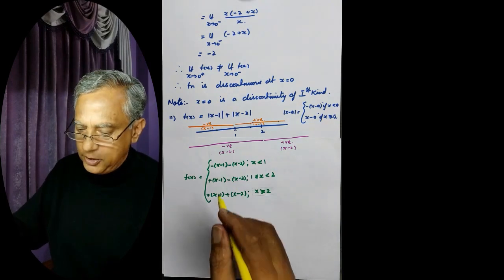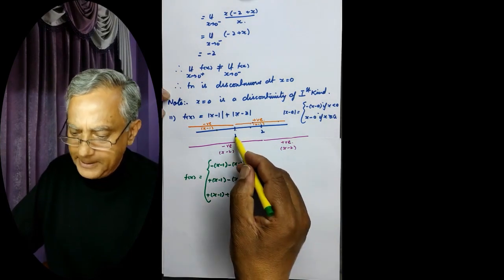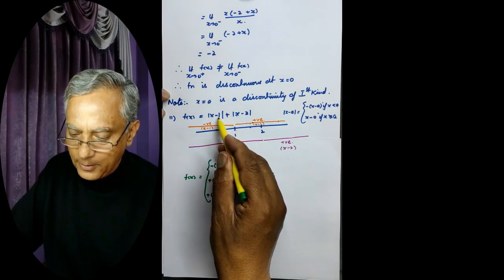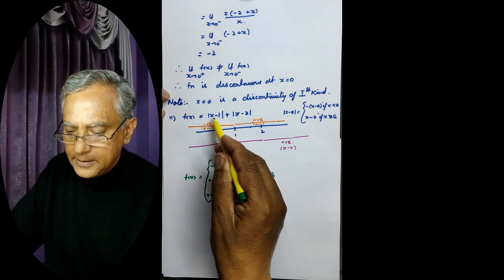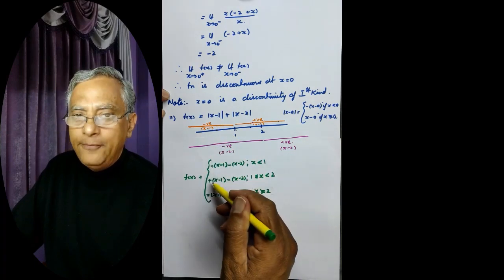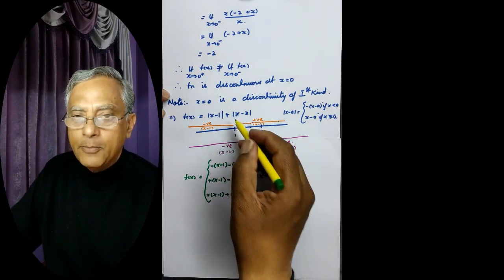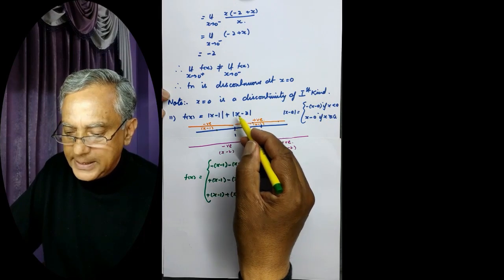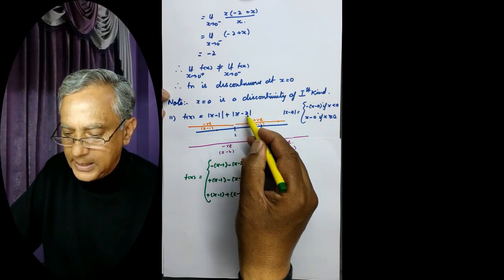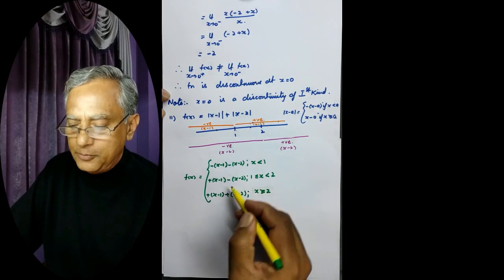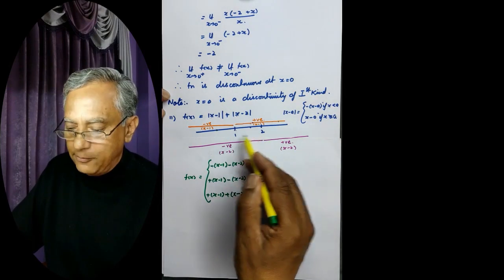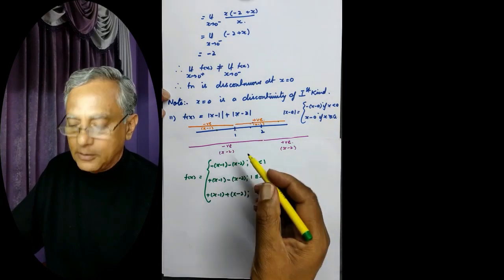So quickly you can do it like this. In this interval, take a single point, 1.5. At 1.5, x minus 1 is positive, so we are taking positive. And x minus 2 at 1.5 is negative. Therefore it will remain negative throughout this interval because the sign will not change in this interval.